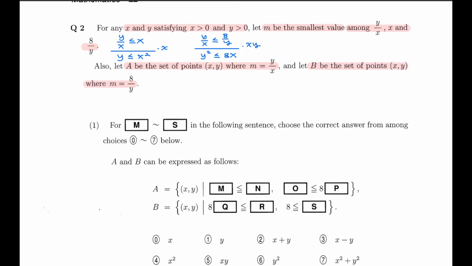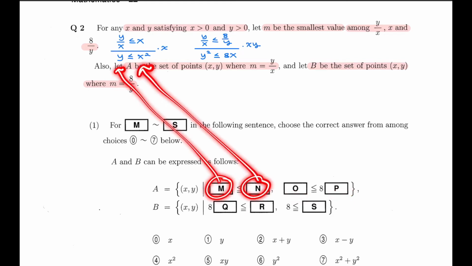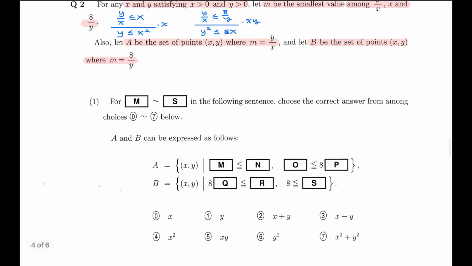So I already know the answer for letters M, N, O and P. M is y, which is number 1, and N is x squared, which is number 4.